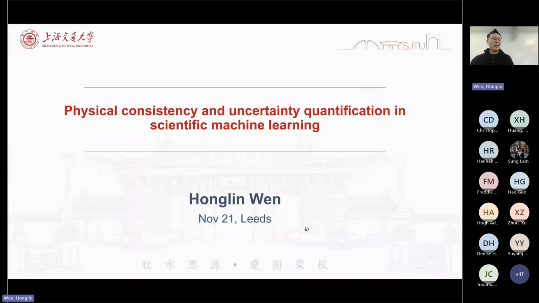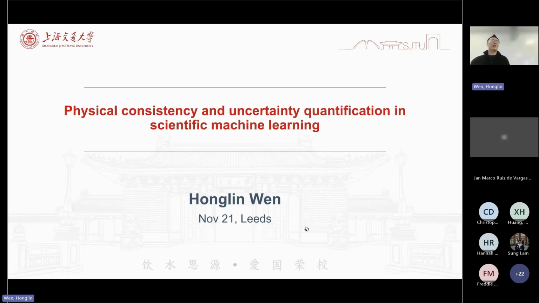Yes, I got this invite from Miranda, accidentally, I think. Because I was on the mailing list, I got some interaction with Miranda. And I think the idea to form the scientific machine learning community is cool.